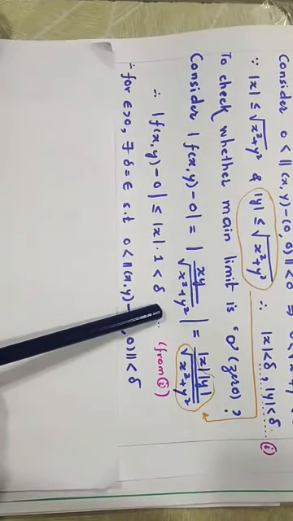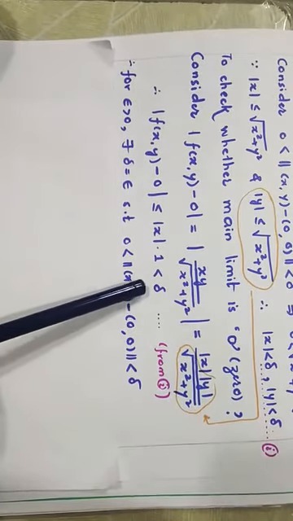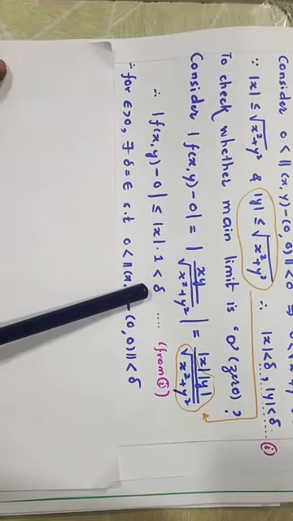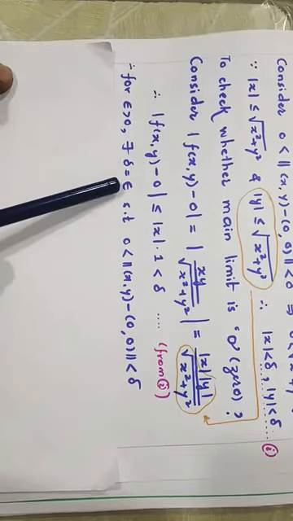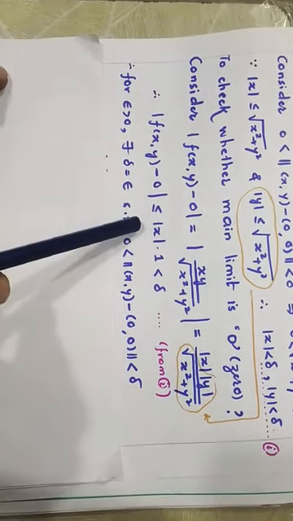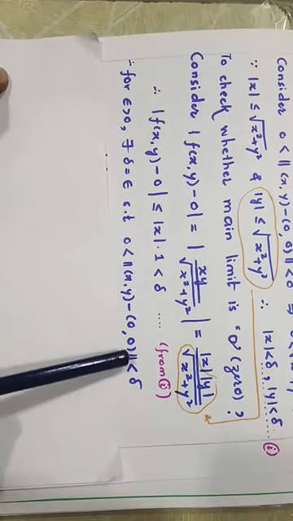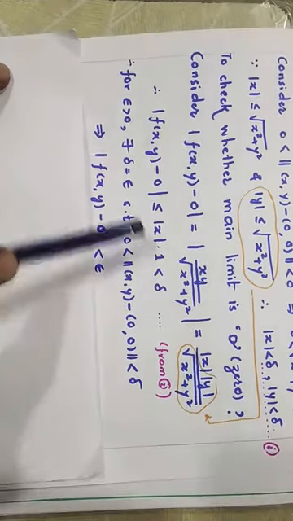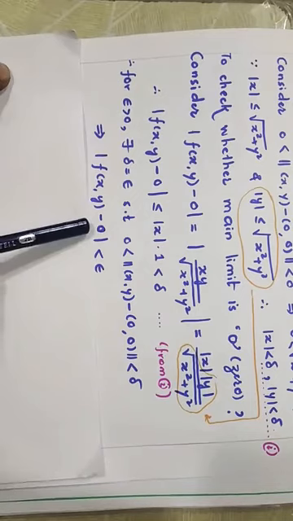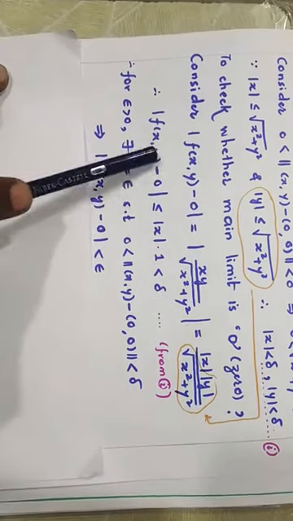So my choice can be delta equal to epsilon. For a given epsilon, there is some delta, equal to epsilon, such that whenever the norm of (x,y) minus (0,0) is strictly less than delta, then mod of f of (x,y) minus 0 is strictly less than delta. We have shown this.